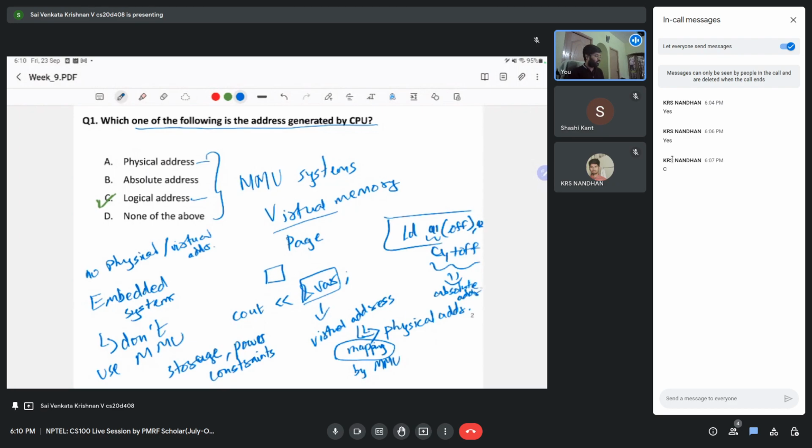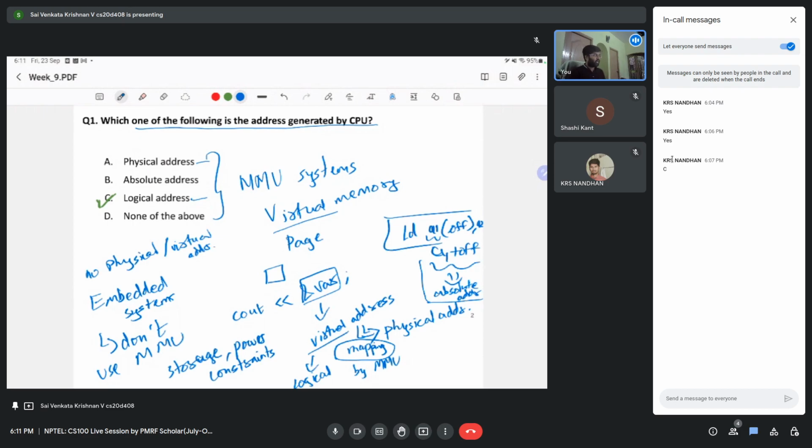This absolute address is directly used to access your memory system. There won't be any MMU in between. So in these embedded systems, the CPU generates just the absolute address. There is no concept of virtual, which is another word for logical, or physical address.